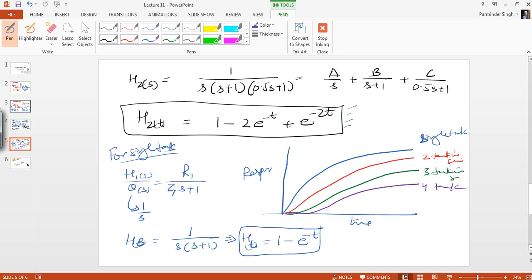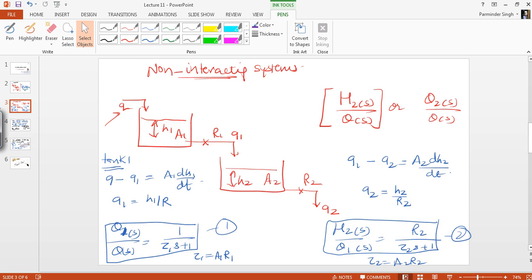That means if there is a single tank, whatever changes occur over here can quickly be reported over here. But if there are 2 tanks in series, the change over here will first affect the change over here, and this will slowly affect the change over here. Clear?